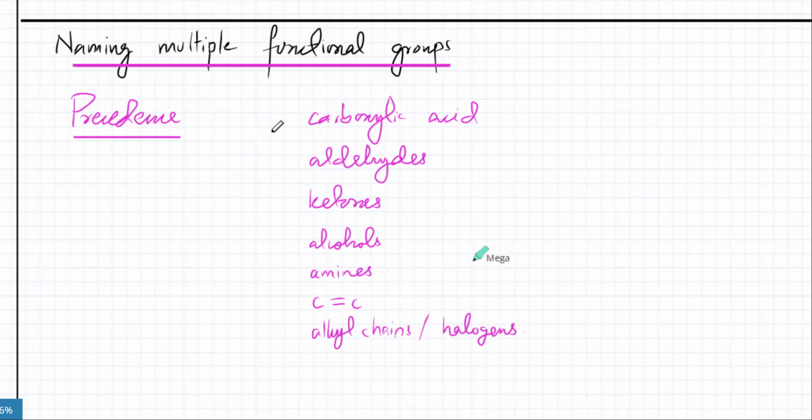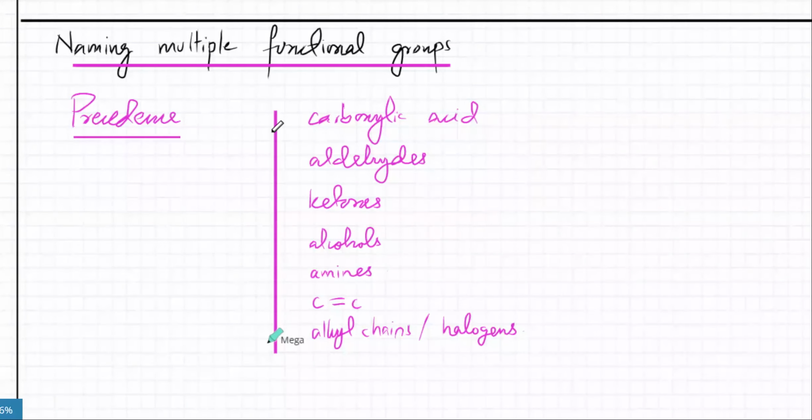So every group has a certain importance. And carboxylic acids, they have the highest importance in the whole family of organic compounds. It's just that when you're naming compounds, carboxylic acid will have the most importance.